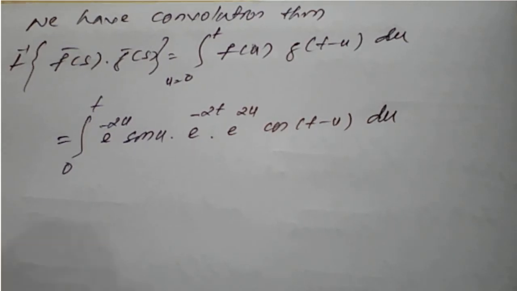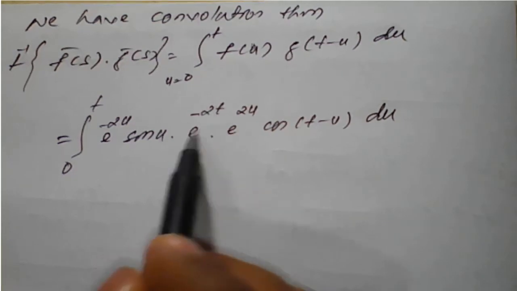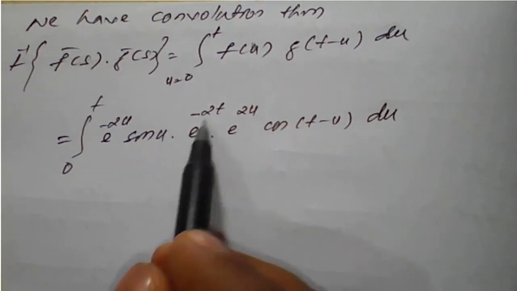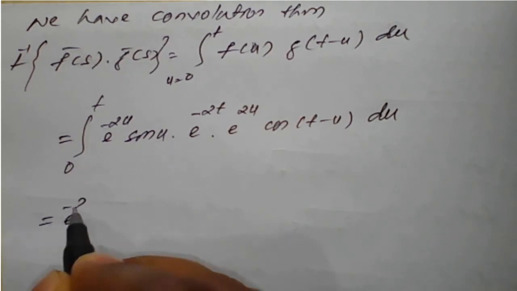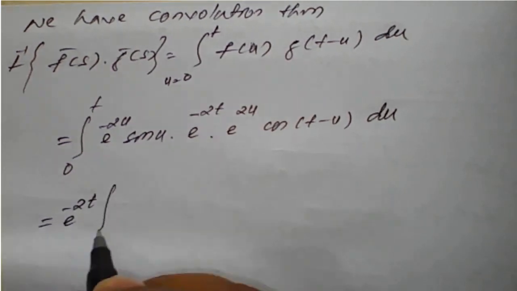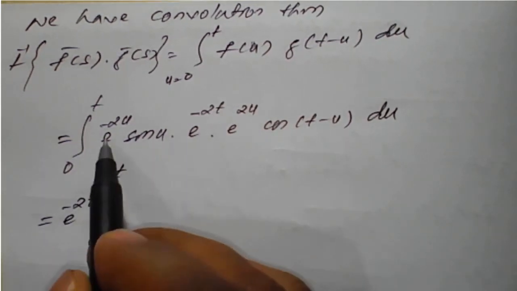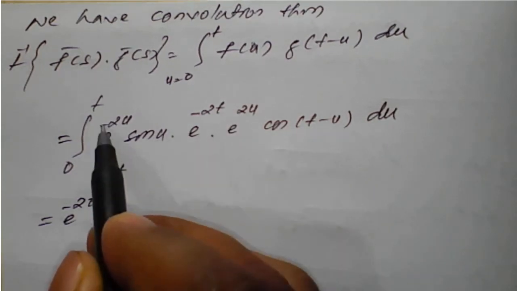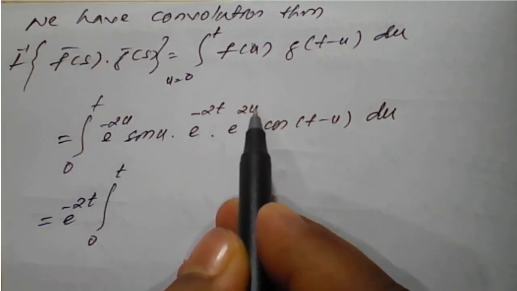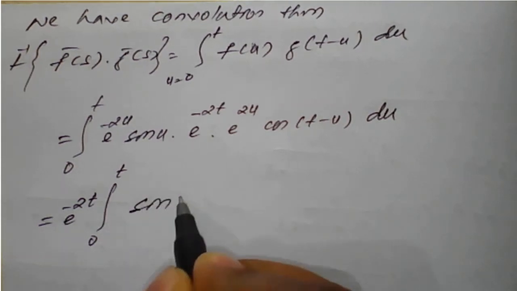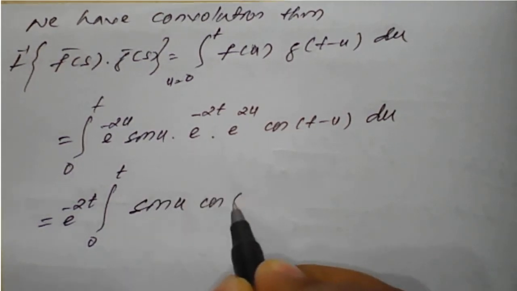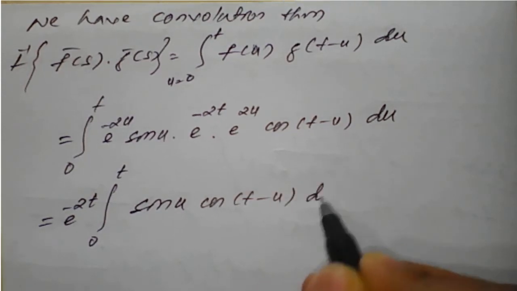Next we are integrating with respect to u, so e raised to minus 2t is a constant, and we'll keep it outside. Integration 0 to t, e raised to minus 2u and e raised to plus 2u cancel each other, so what is left here is sine u into cos of t minus u du.